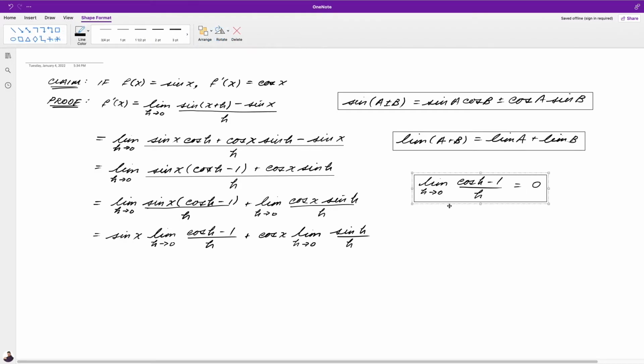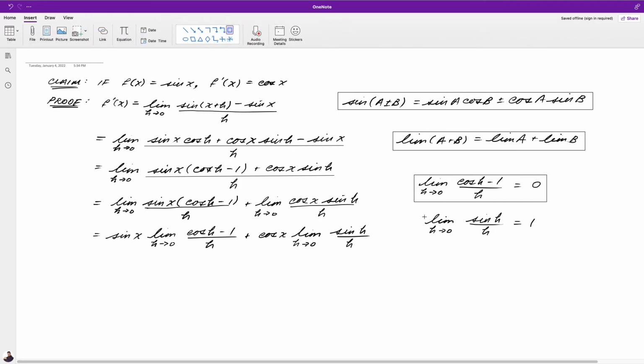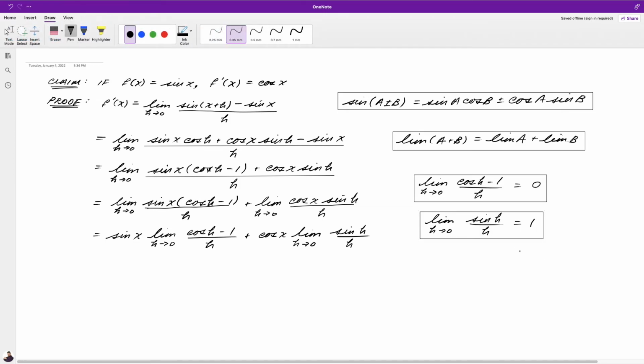And the other one, of course, is the limit as h trends to 0 of the sine of h over h. This is going to be 1. Now, the proofs provided for these are both geometric in nature, and I will post a future video that demonstrates the veracity of both of these claims right here.